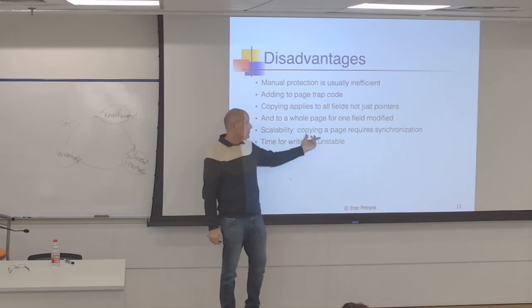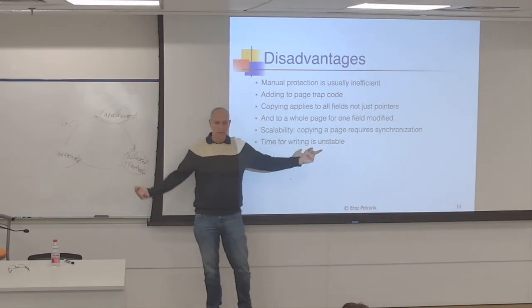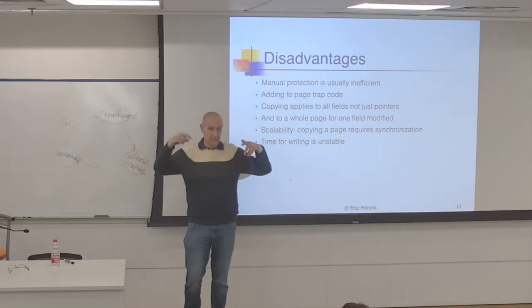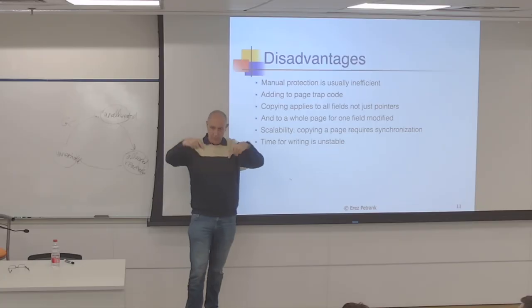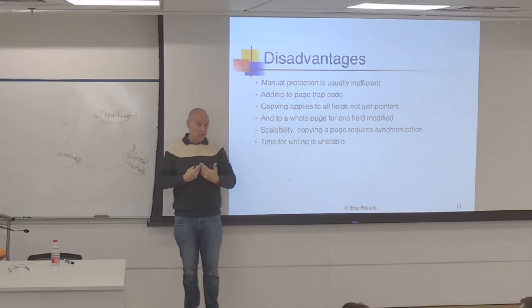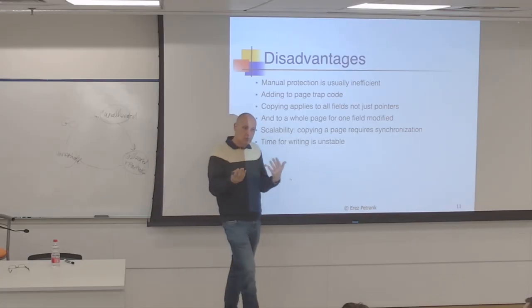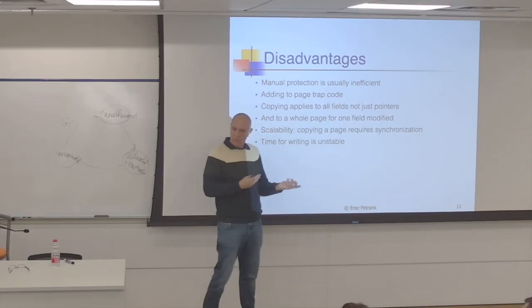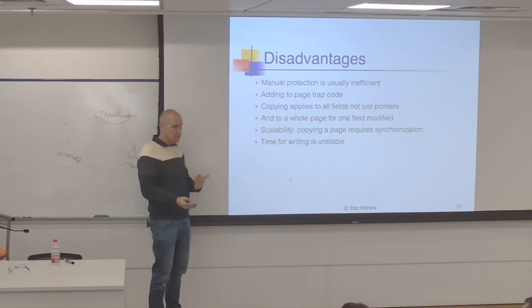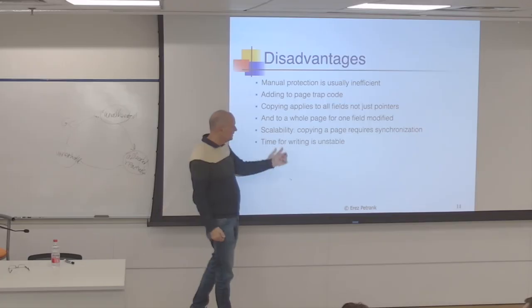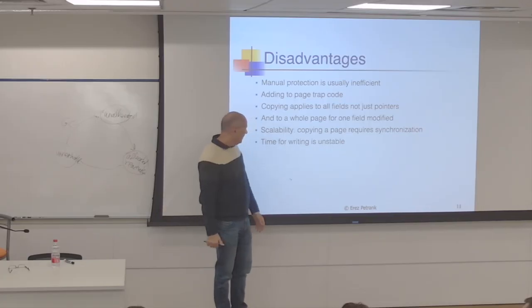And you also need to work with synchronization, because if two threads write to the same page, then you don't want the page to be copied twice, so you want to coordinate between them. You'll need some synchronization. If there's a lot of contention, you'll start having difficulty in running your program.